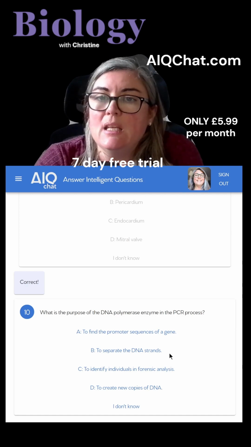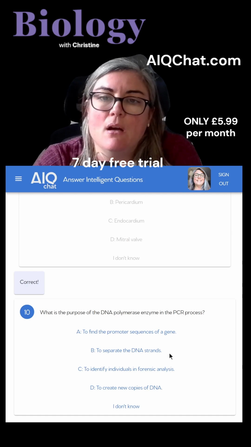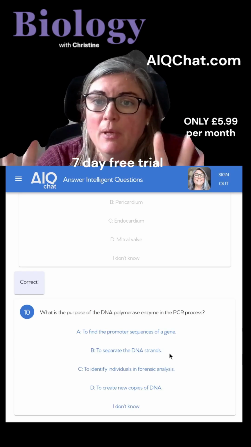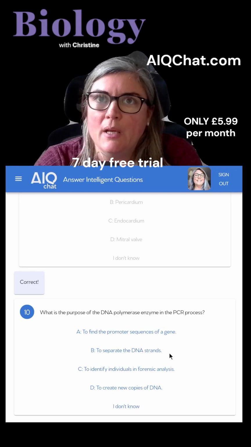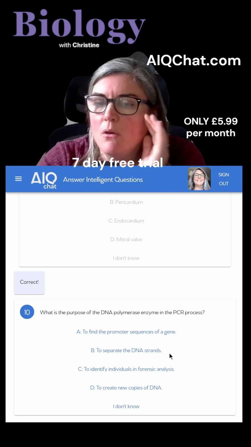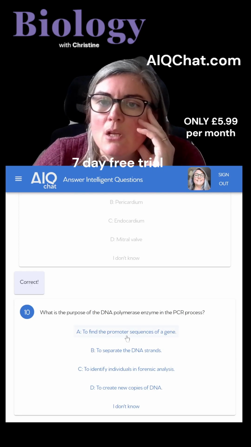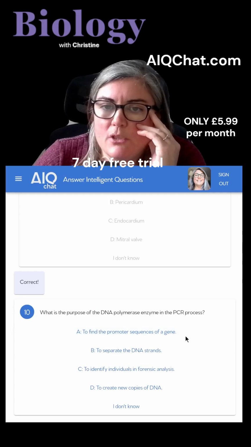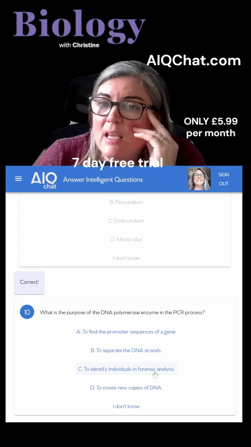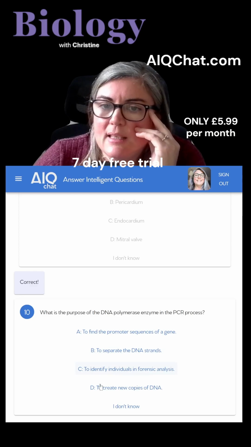What is the purpose of the DNA polymerase enzyme in the PCR process? Right. So, what is the purpose of DNA polymerase? DNA polymerase is about joining together my nucleotides with their phosphodiester bonds in the process of PCR. So, to find the promoter sequence of a gene, to separate the DNA strand, to identify individuals in forensic analysis, and to create new copies of DNA. Ooh.